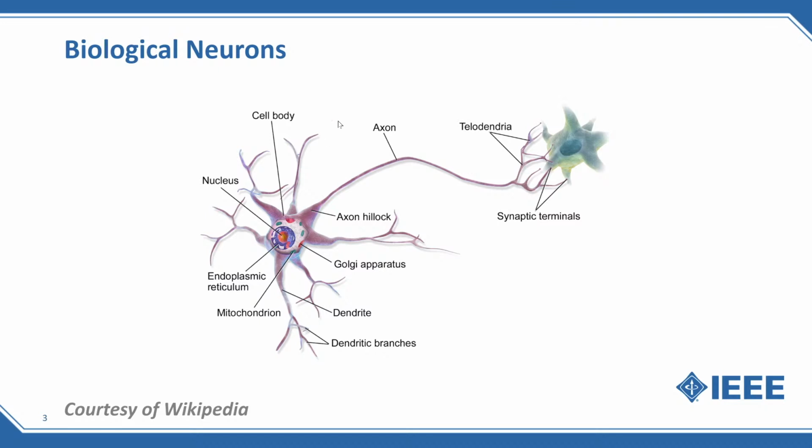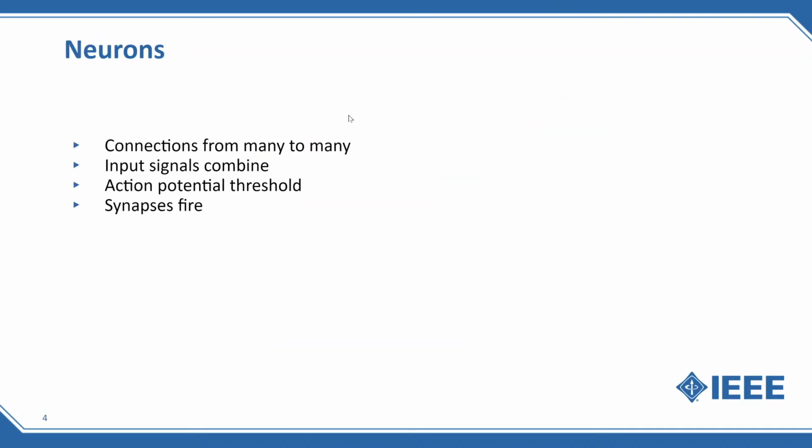The way that ends up firing neurons is those connections each can send signals to the cell, and at the cell the signals will combine, and once a certain threshold's reached, the synapses of that cell will fire, causing a cascade event that will go through numerous sections of cells.